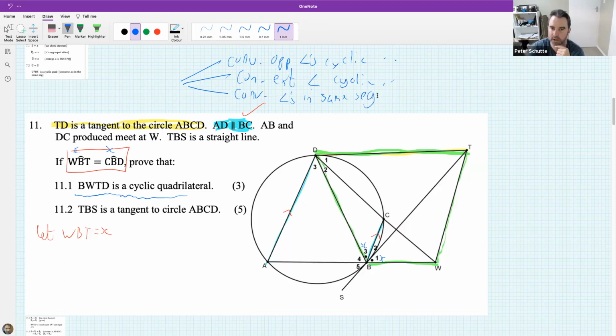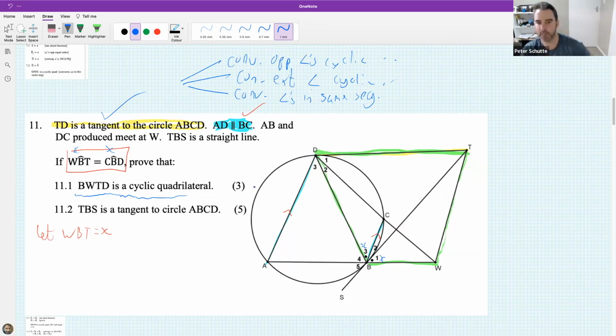I'm just writing quickly, I'm not doing it the long way, but those are my 3 choices. And the question is, what information could help me? I don't want to forget the fact that there's a tangent involved here. So there is a cyclic quad that we can see, ADCB or ABCD, but there's also a tangent.